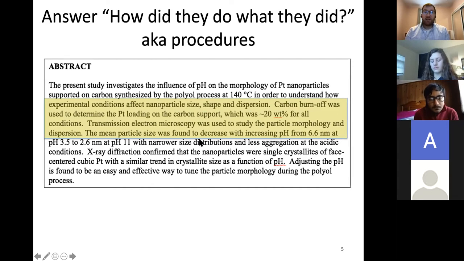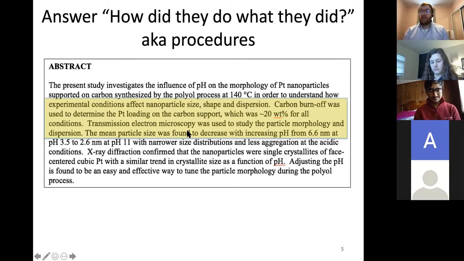The example here is that I wanted to study size, shape, and dispersion. I also did carbon burn-off, which gave me this thing. I did transmission electron microscopy to give me morphology, and then I have a finding. So carbon burn-off is a technique I used.